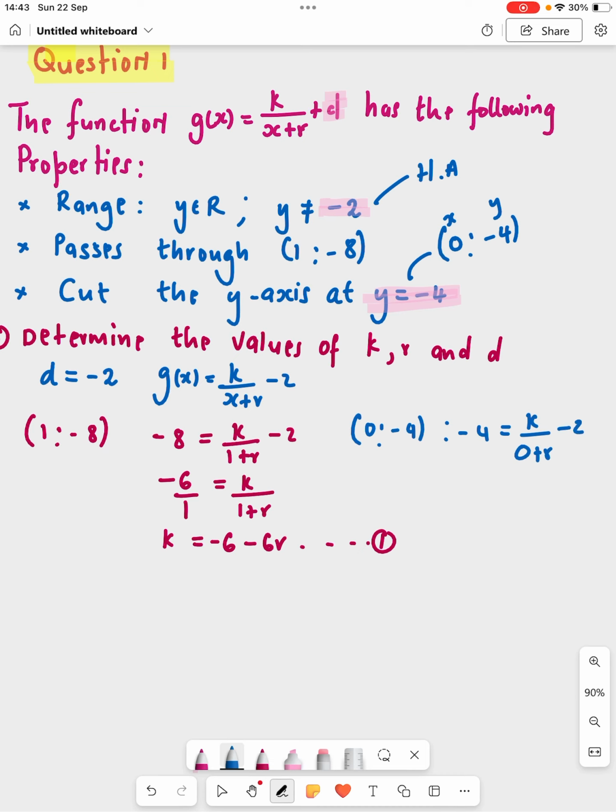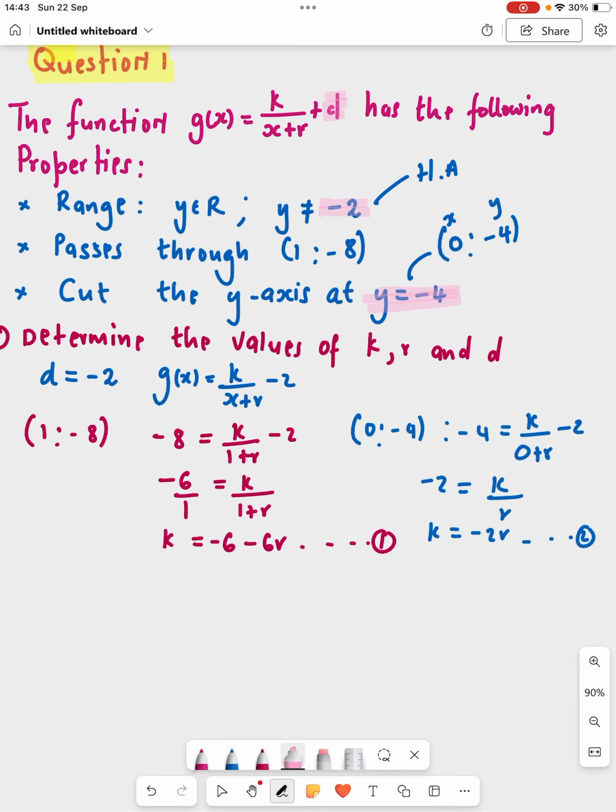Transpose -2, we are going to have -4 plus 2, which is -2 is equal to k over 0 plus r, it is r. Cross multiply, therefore we have our k is equal to -2r. This is our equation number 2.